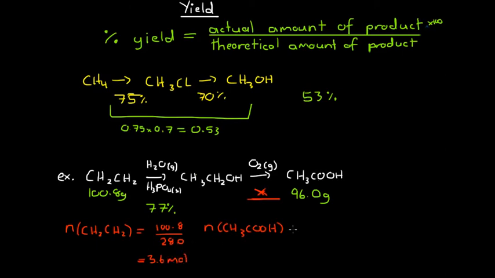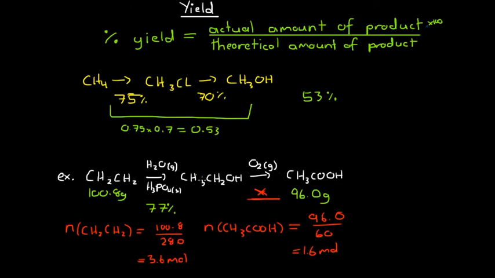So here we've got 96.0 grams over 60, which is the molar mass of ethanoic acid. So we get 1.6 mole.